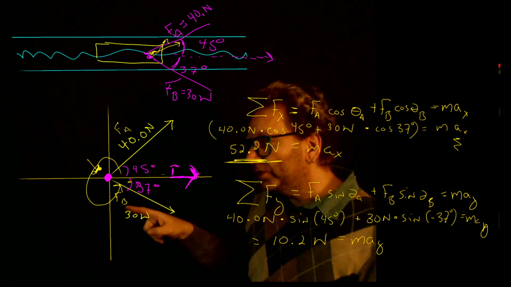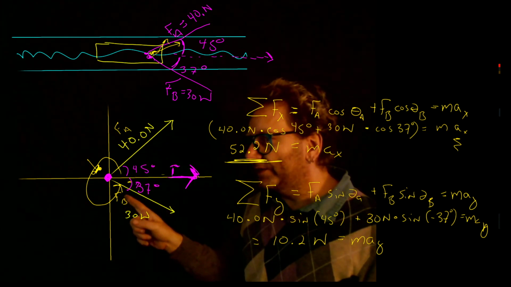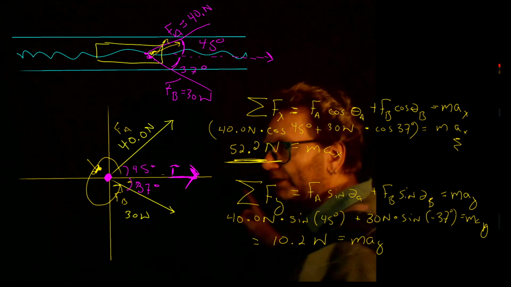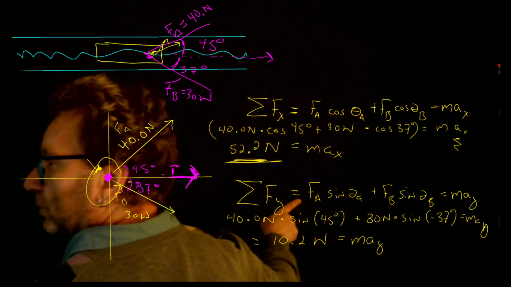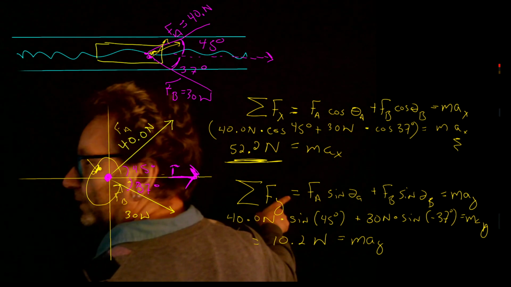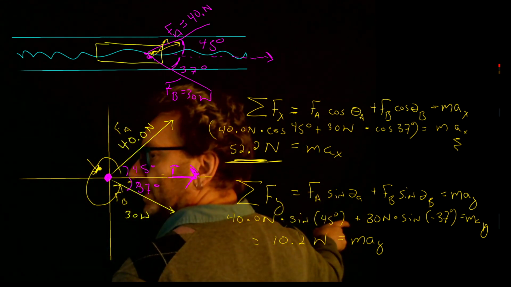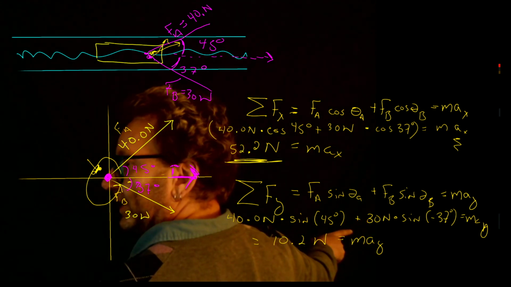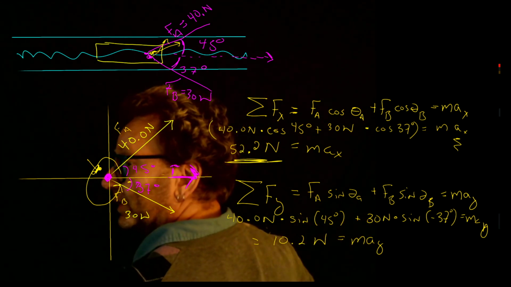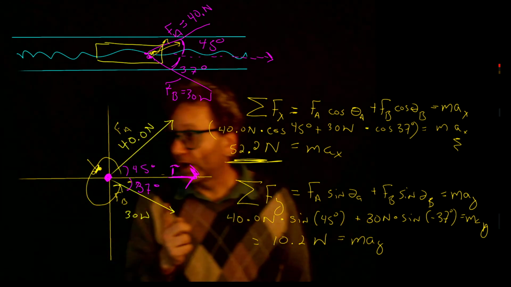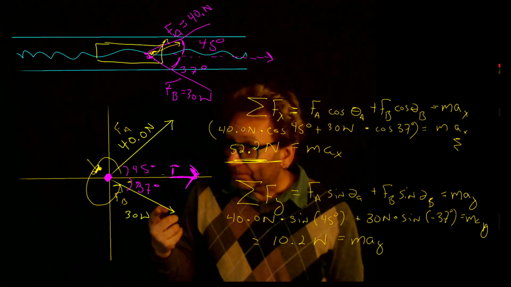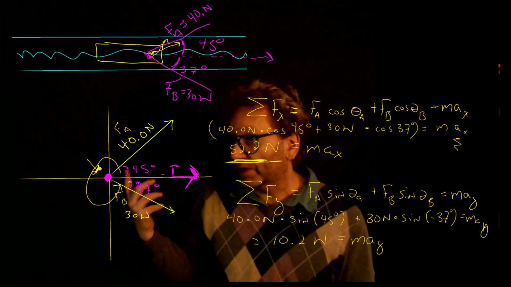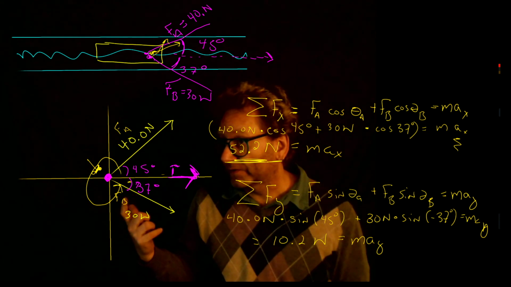Now I could have made that a positive 37, but in doing that, then I would have to over here put a negative sign. Right here. That should be negative. So if I make that a positive 37 degrees, I have to make that a negative because I'm keeping track of my direction. Or I can use good reference angles, and the reference angle I'm using here is negative 37.